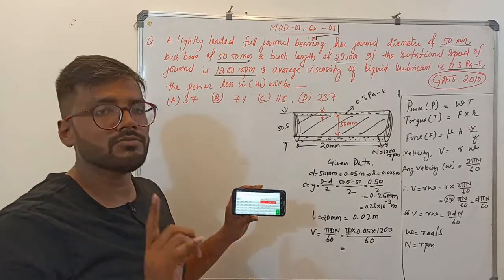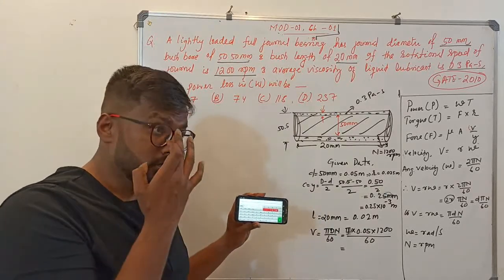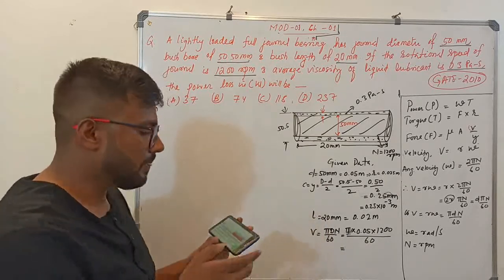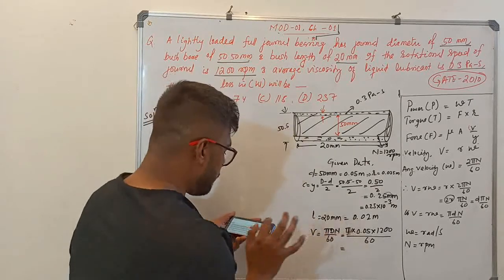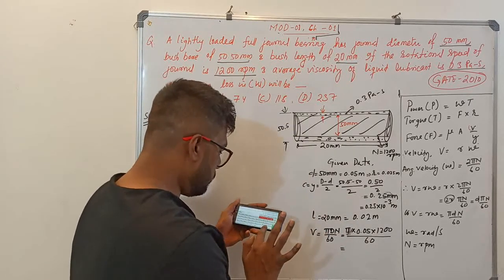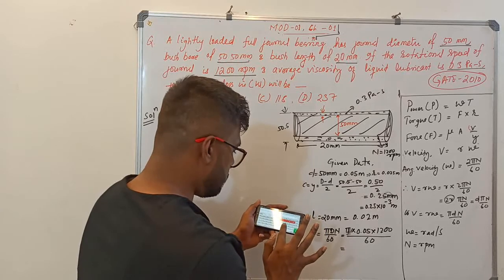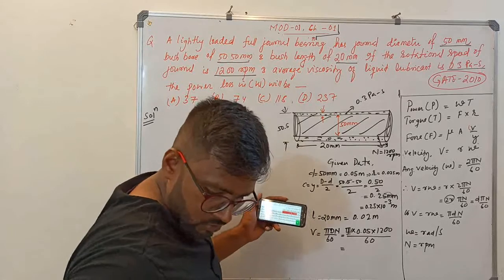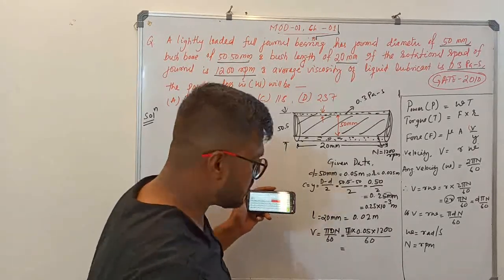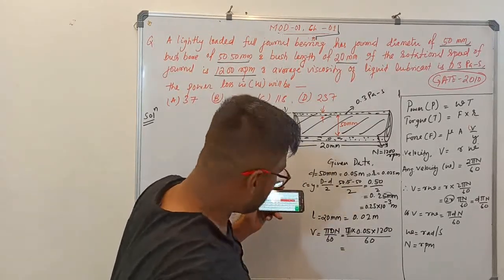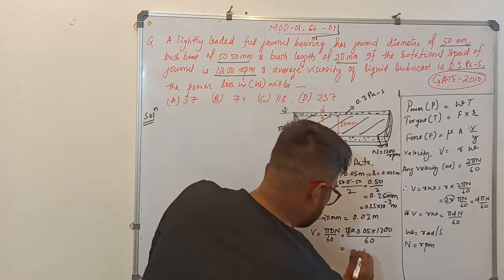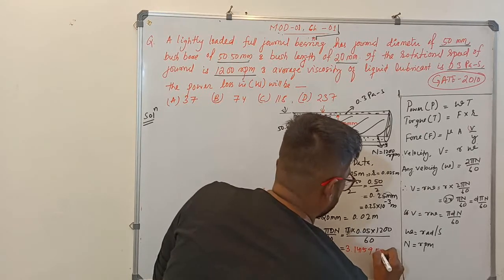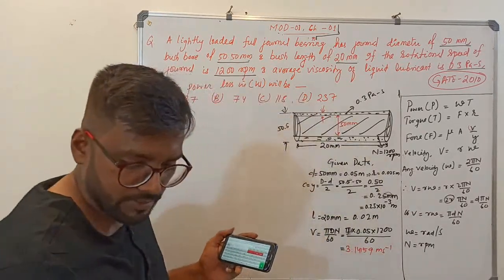If you are writing the GATE exam, the virtual calculator is very important, otherwise you'll make mistakes. So pi into 0.05 into 1200 by 60, that is 20. The velocity I am getting is 3.14159 meter per second.